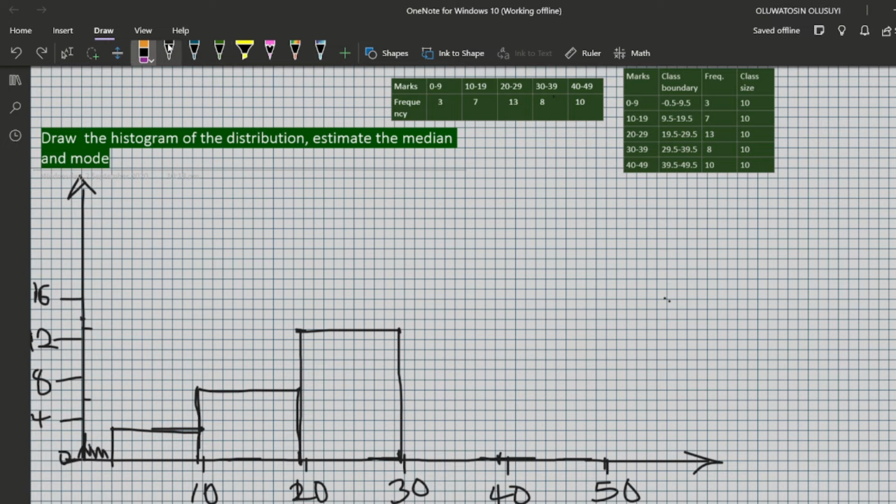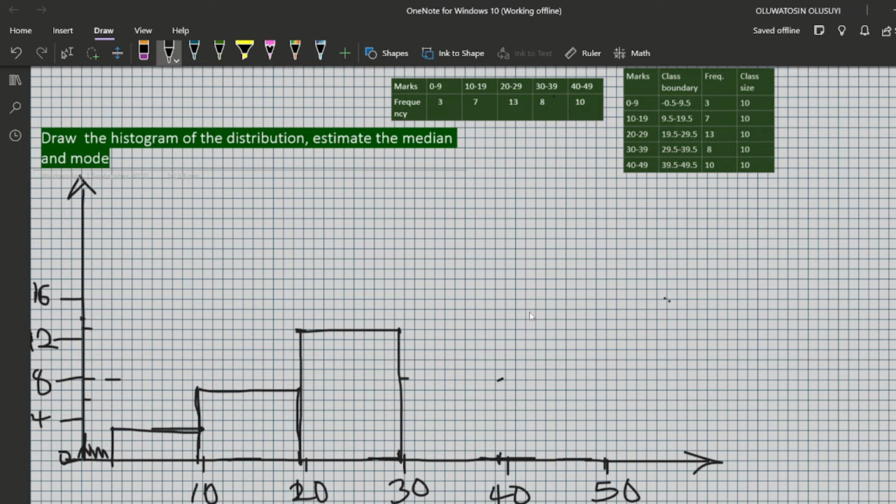Have there. Then we have 8. This is my 8. 8 to this.